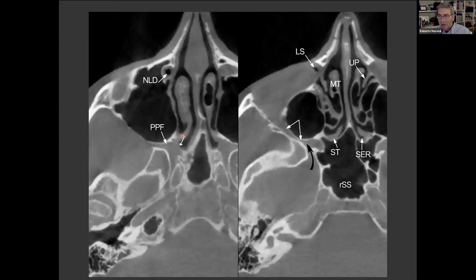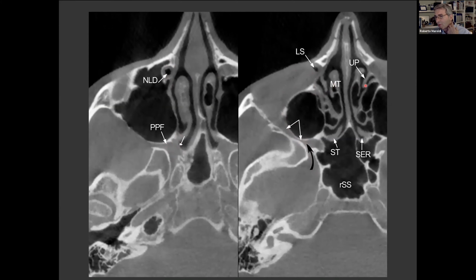I move up to show you the sphenopalatine foramen, an area which is shared by the pterygopalatine fossa, the opening of the Vidian canal, and the area of the sphenopalatine foramen. The nasolacrimal duct can be detected, and also the sac. Then the path of the bayonet course of the infraorbital nerve is this, from the groove for the maxillary nerve inside the pterygopalatine fossa, and then this is the direction.